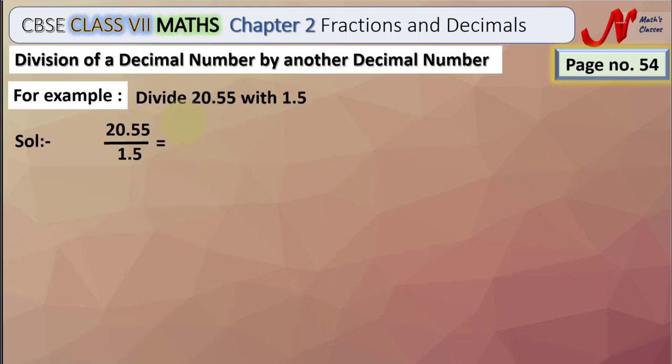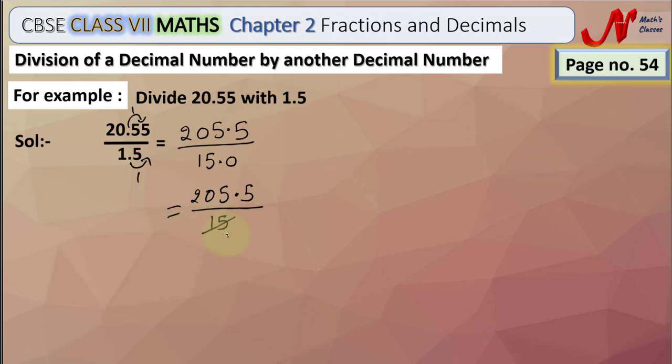Now we solve another example. Divide 20.55 by 1.5. So we can write it as 20.55 by 1.5. First we shift the decimal point to the right by one place, and in the numerator also we shift the decimal point to the right by one place. So it can be written as 205.5 by 15.0. Here the numerator is the same. In the denominator 15.0 can be written as 15.